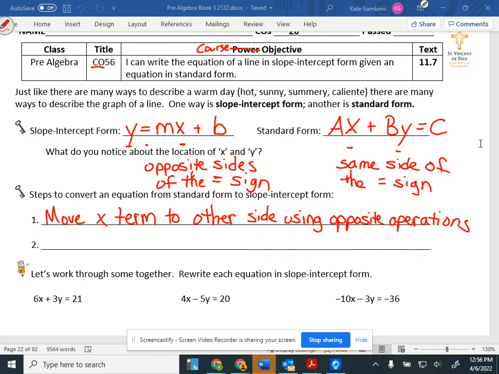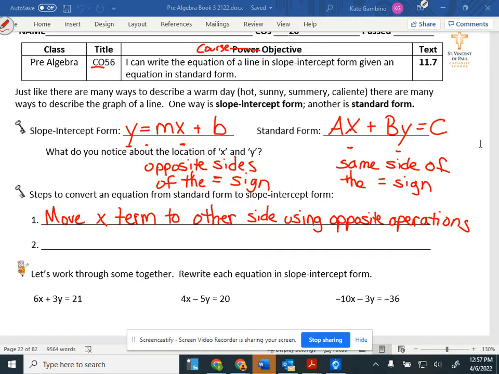So remember, if it's a positive ax, that means we're adding. So the opposite would be subtracting. You subtract from both sides, so you pull it out on the left side, and it moves over to the right. So once we've moved the x over using opposite, what are we going to do next?